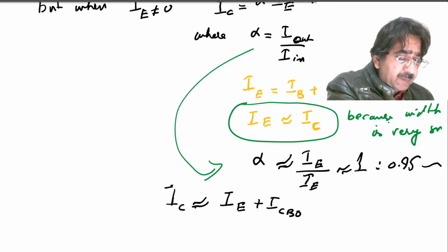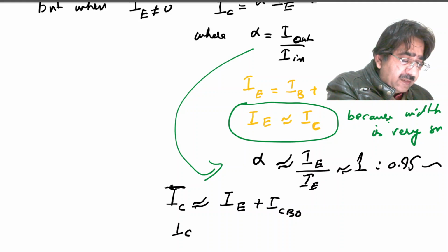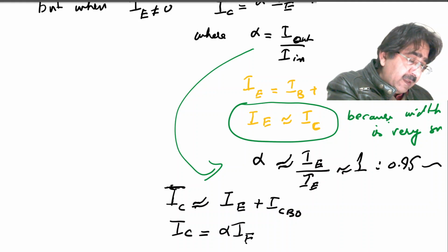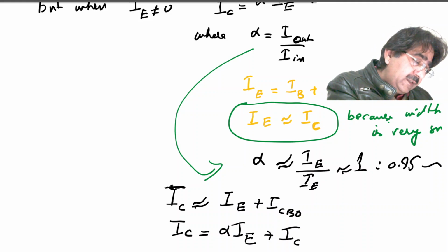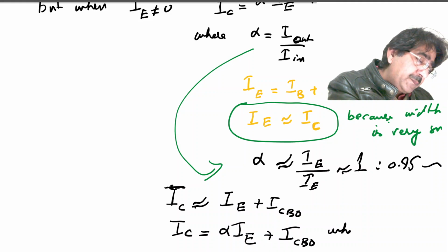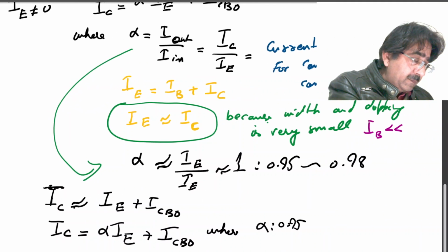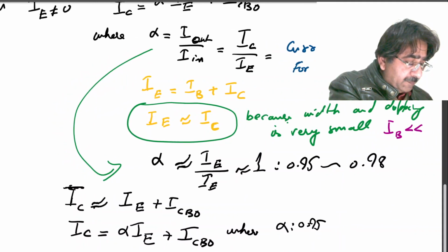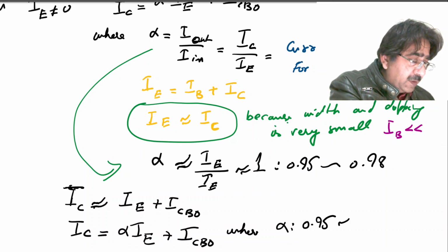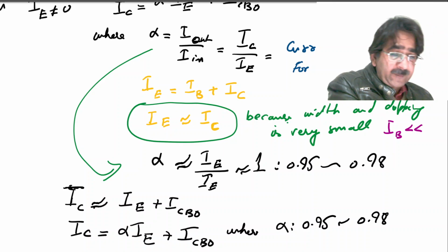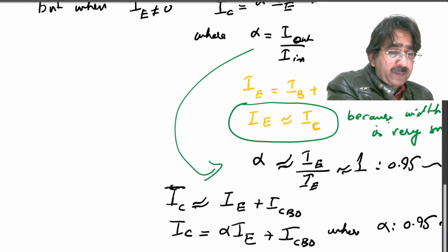Or, more exactly, IC is equal to alpha IE plus ICBO, where alpha is 0.95 to 0.98.